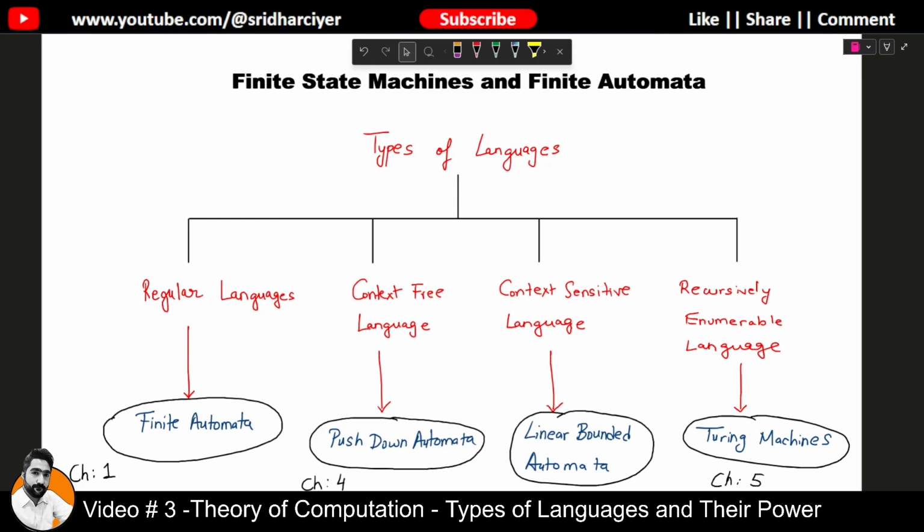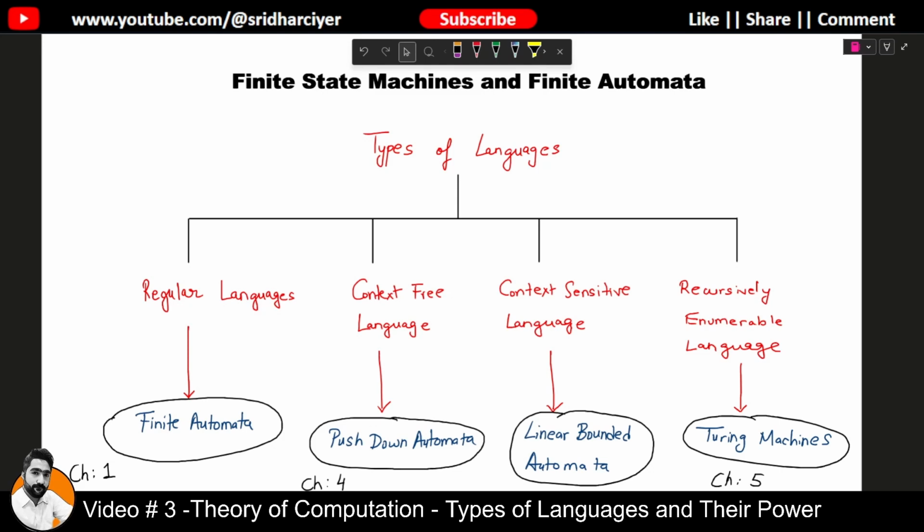Over here, in this case, the very first language is what we call a regular language. We'll see exactly what a regular language is whenever we start with that particular concept. But for the time being, for simplicity, a regular language is simply a language very much similar to English, Hindi, Bengali, etc. So it is one of those languages which needs a translator or a machine called finite automata.